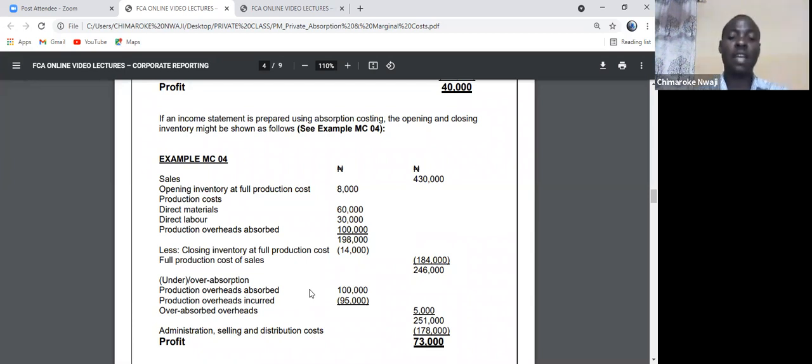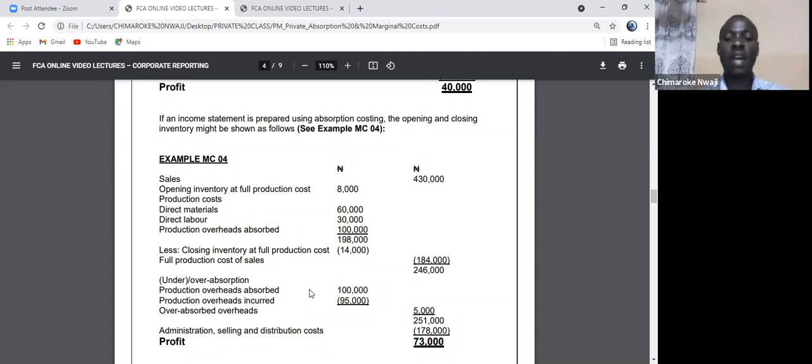I told you last time, I'm budgeting for 100,000 Naira for the month. That is what I have put in my financial statement. But on actual spending, I found out that I spent 95,000. That means I have over budgeted for that month by 5,000. That means over absorption is 5,000.